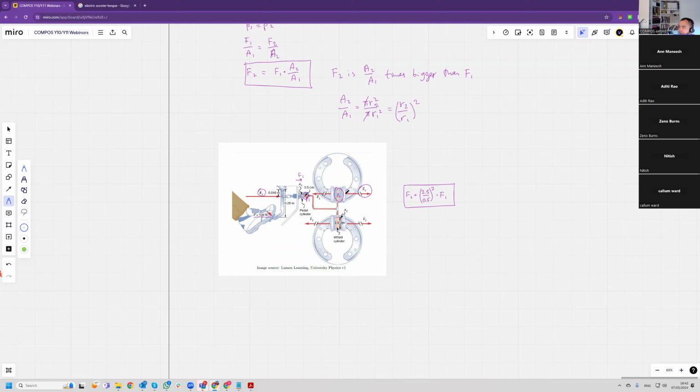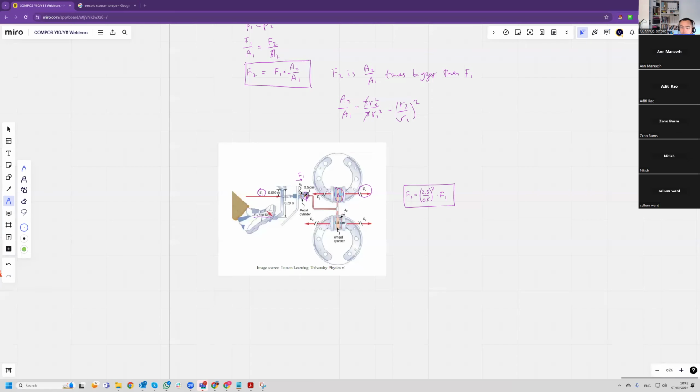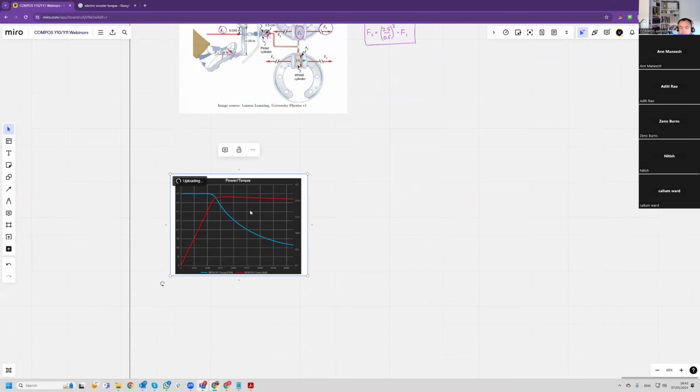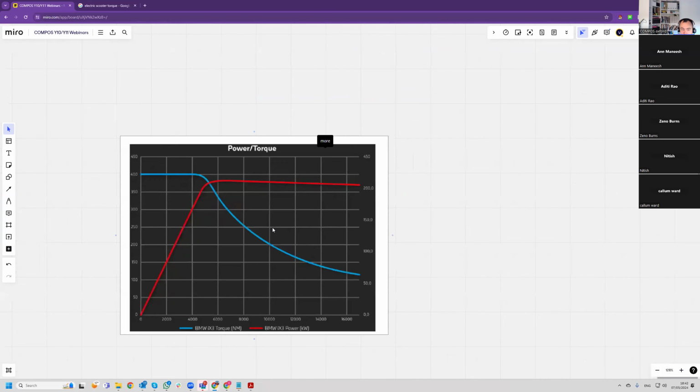Oh yes, for the power torque thing, the electric vehicle power torque.